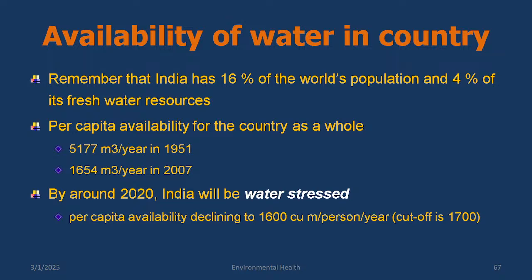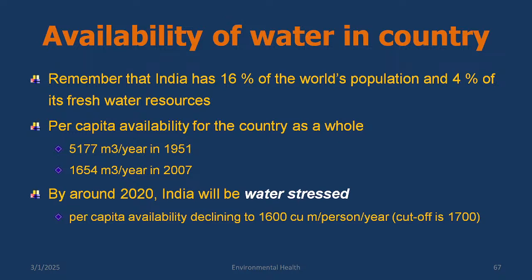You will meet people who are 60, 70, 80 years old and talk a lot. If you tell them, don't wash the car with water, they say, what shortage of water is there? Then you can tell them, sir, earlier there was no shortage, now there is. This is an example. Technically, India is now called a water stressed nation because the cutoff is only 1700.